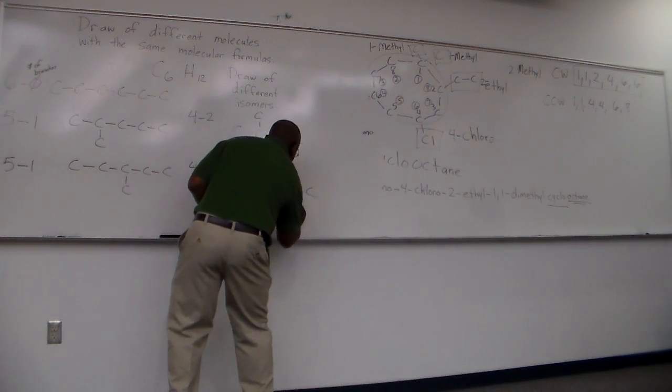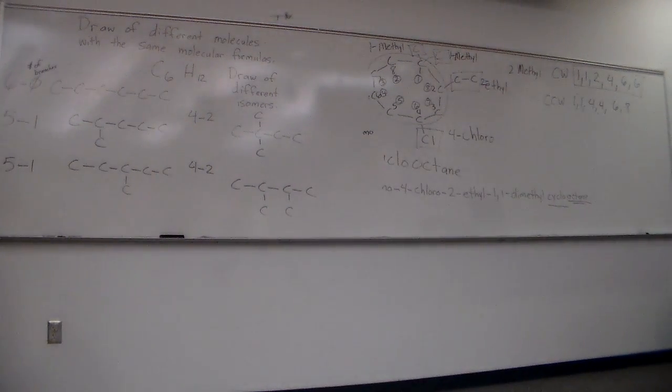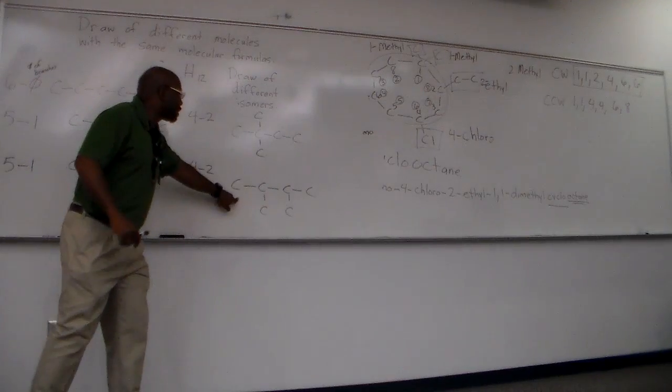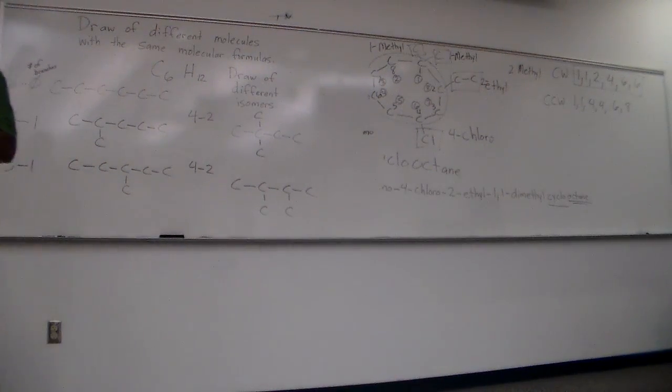Put 1 here and 1 there. It's still two branches, but I got my 2 groups on 2 different carbon atoms. Is this molecule different than the ones we made earlier? Yes. It's not the same as the other 4 carbon atom unit we actually made.